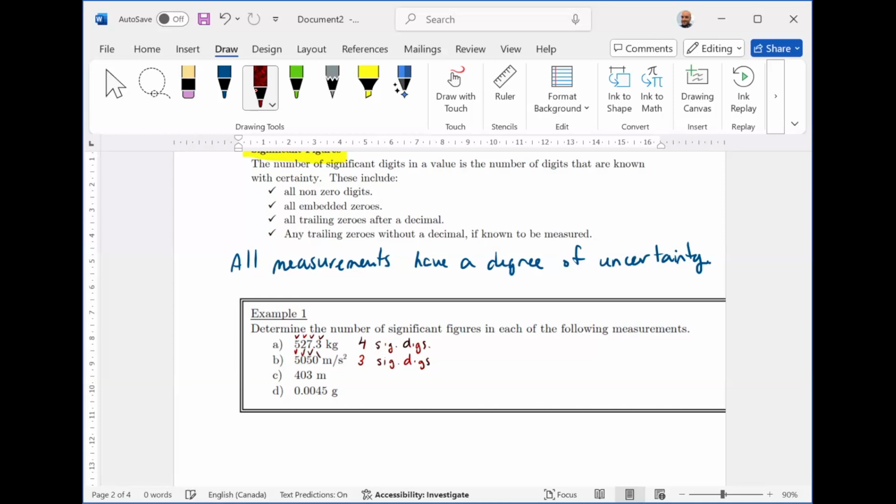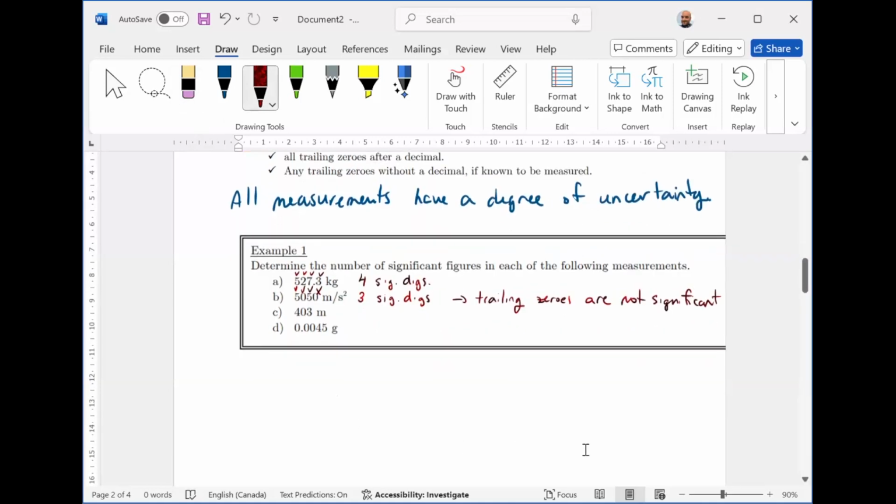So this is not considered a significant digit. So we say that trailing zeros, sorry, my writing is getting a little bit sloppy, are not significant because they do not add certainty to our measurement. They are merely placeholders.